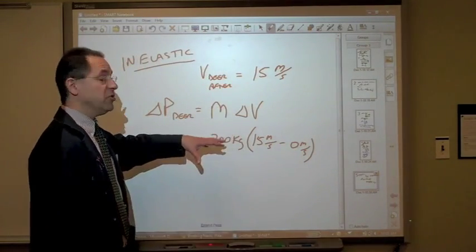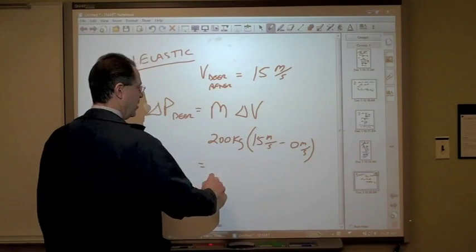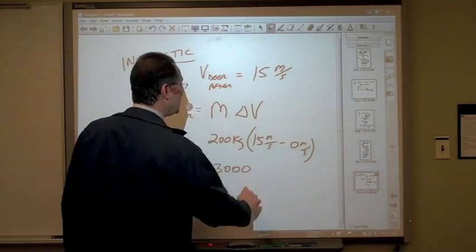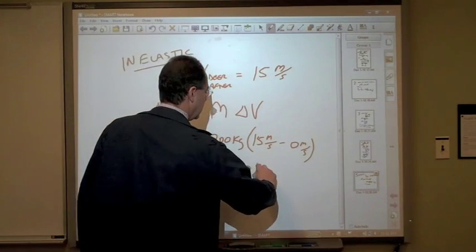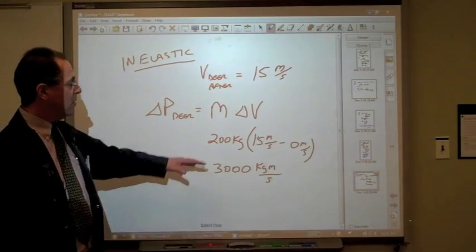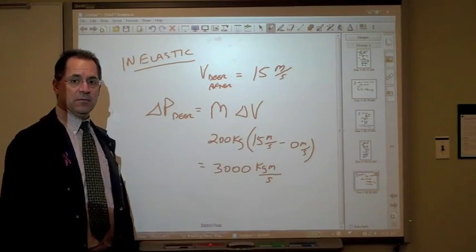Look how much bigger this change in momentum is for the deer. It ends up being what? 3,000 kilogram meters per second. Okay? 200 times 15.